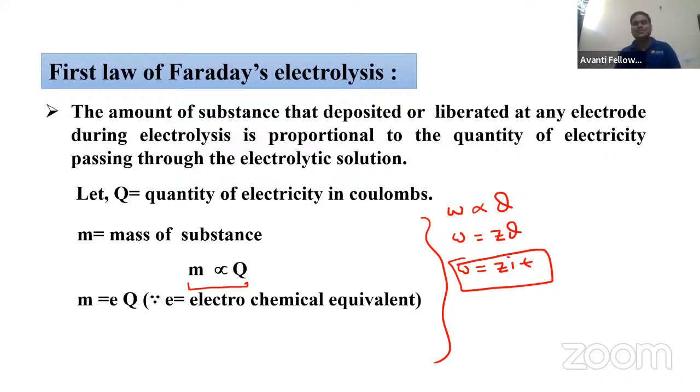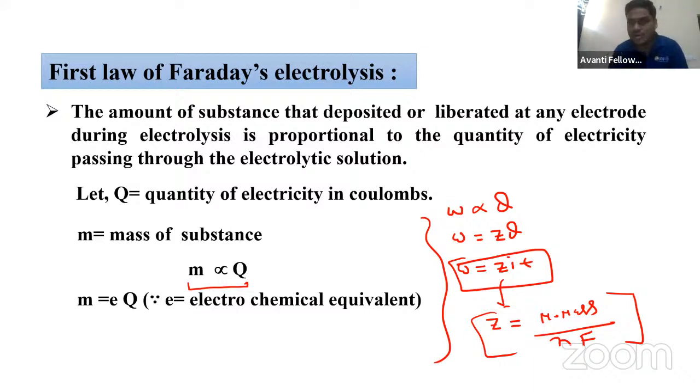Z is the electrochemical equivalent, and we can find the value of Z by simply molecular mass divided by NF. If we know these three things, we can easily calculate the value of Z. So this is how we'll calculate the value of Z.